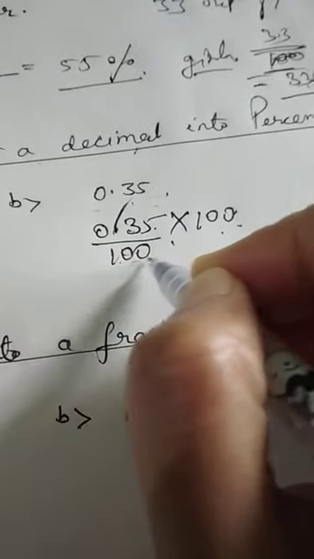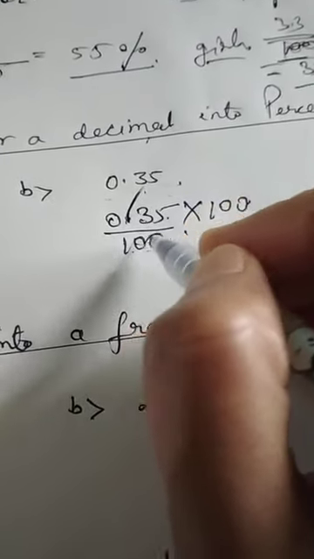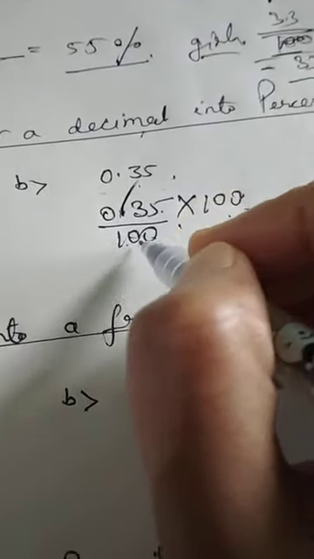So we will put here 2 zeros, means 100. So whenever we remove the decimal, you know that many zeros we put down. So 100 1 ja 100 is cancelled. Now 35 is here. 35% is the answer. This is the way you can convert a decimal number into percentage or a fractional number into percentage.